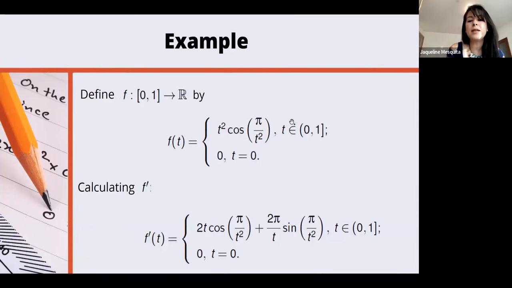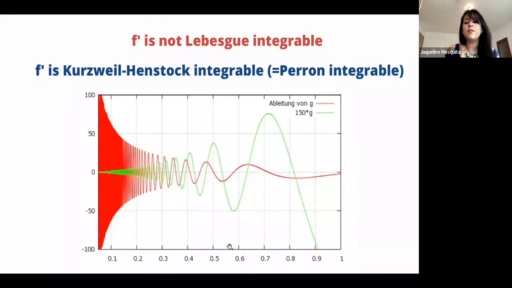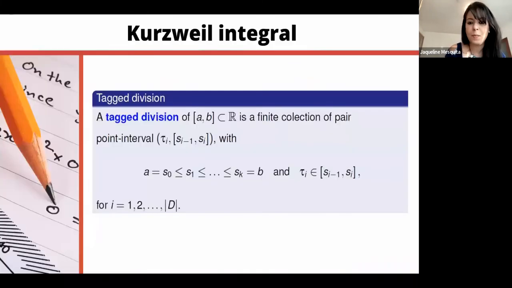And here is only an example. If you have this type of function here, it's possible to calculate the derivative of this function, that's given by this. And the derivative is not Lebesgue integrable. As you can see, that's a very highly oscillating function, but it's Kurzweil-Henstock integrable and also Perron integrable, because Perron is also equivalent to Kurzweil-Henstock integrals.